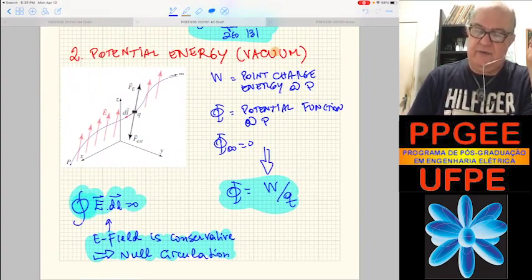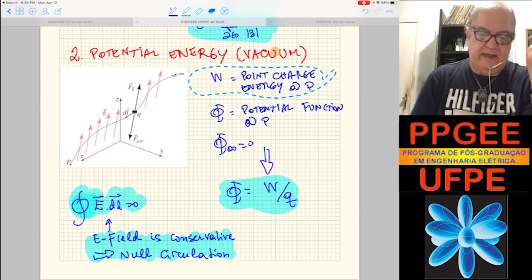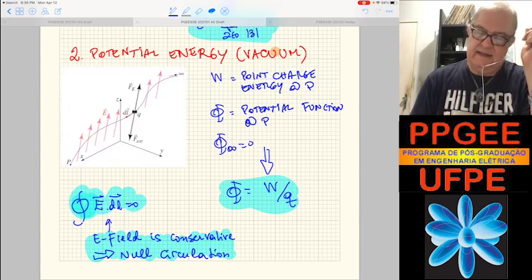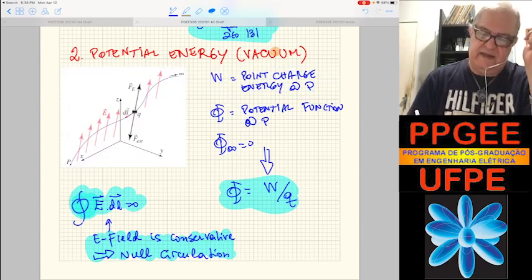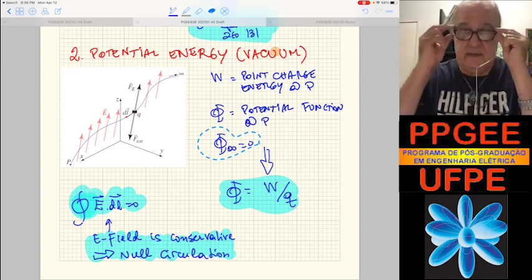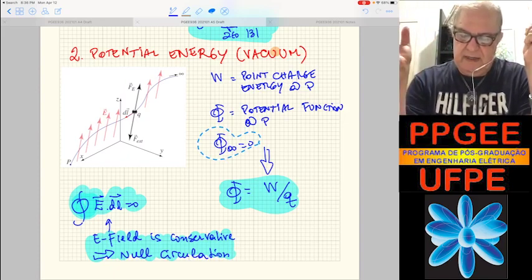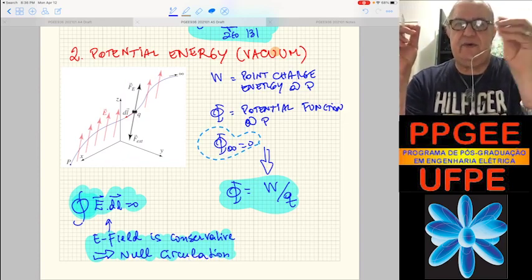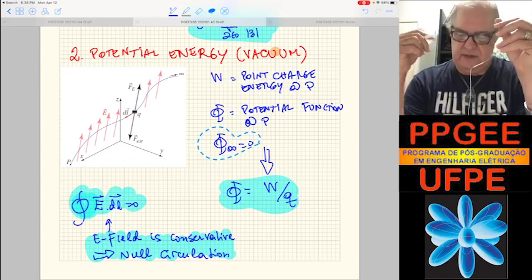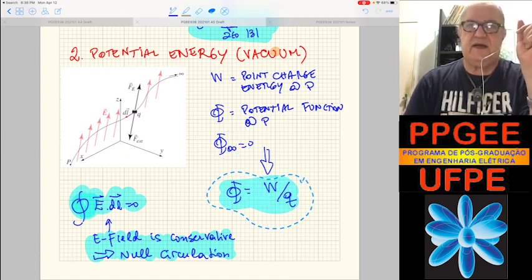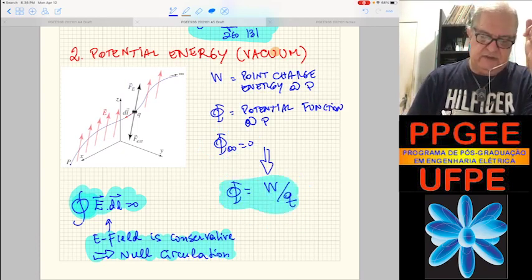When you bring a point charge to a point P, assuming that the potential at infinity, the reference, is 0, then knowing the energy at point P is a way of knowing the potential. So the potential, as we showed, is the energy of the charge divided by the charge, right? I also showed that the field is conservative, with 0 circulation, right?